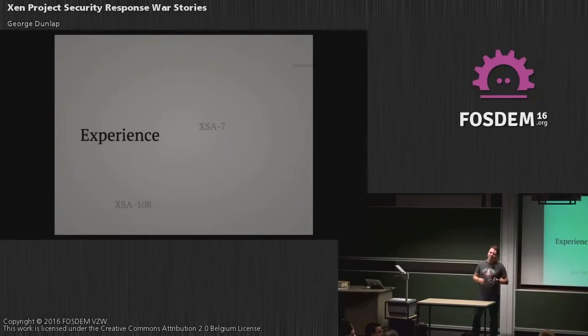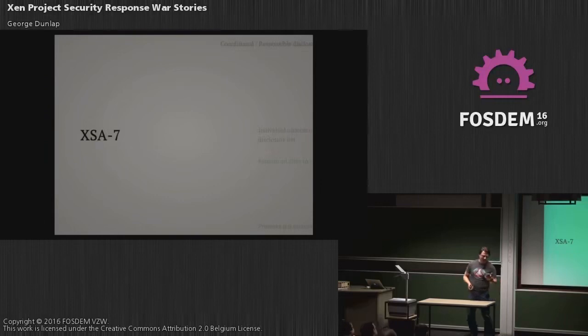So our policy has had 2 major revisions, both in response to specific incidences that exposed some weakness in the policy. The first was what happened around XSA 7. XSA 7 was the Intel sysret vulnerability. It had to do with slight differences in the implementation of the sysret instruction between AMD and Intel, such that if you wrote your operating system according to the AMD spec, and then took that software and ran it on Intel hardware, it was trivial to break right through into the operating system.